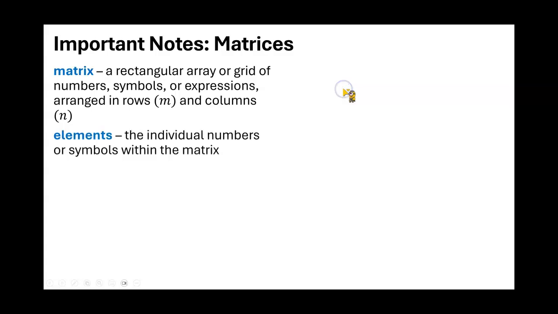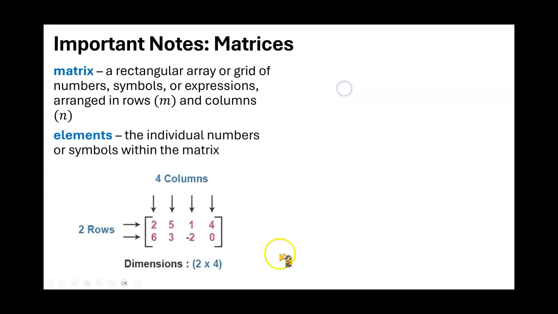If you haven't seen a matrix, this is how it looks. Typically you have a square bracket, sometimes a big parenthesis, as a grouping symbol, that's the container. Each of these numbers that you are seeing are what we call elements.